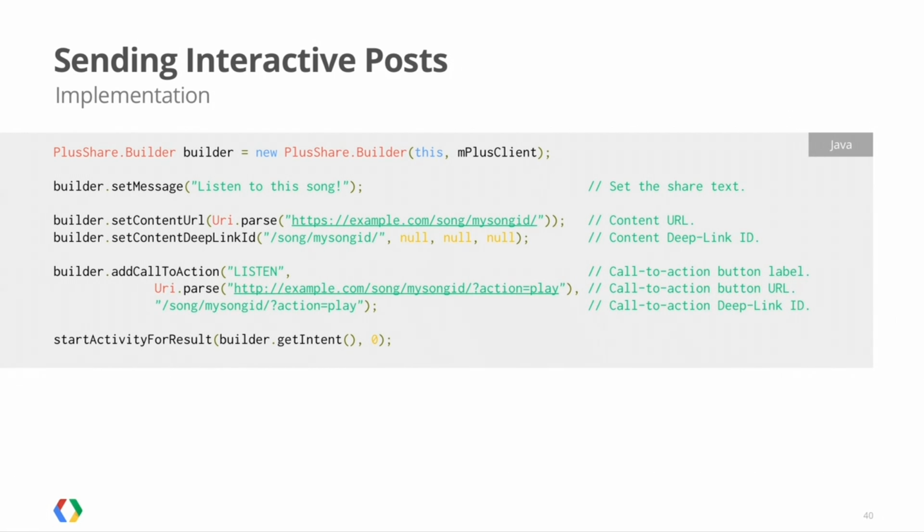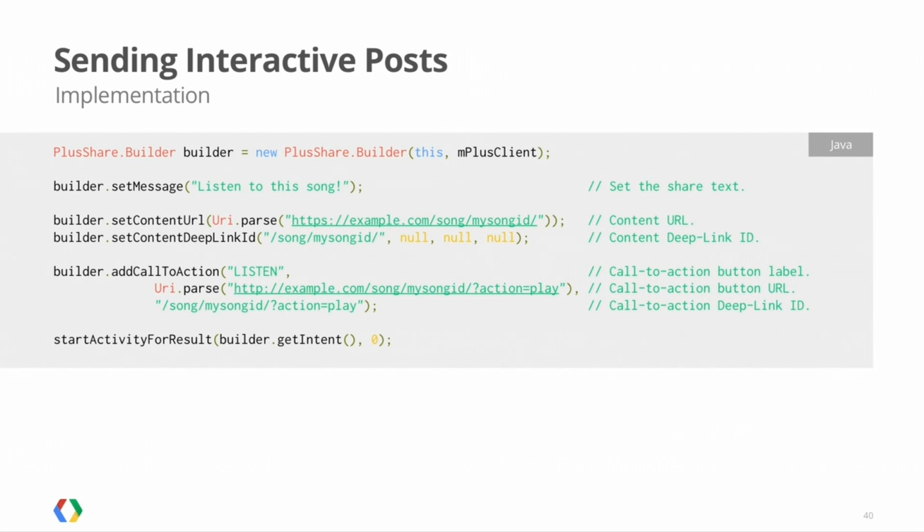And just like a web URL can link deeply to a page on a website, a deep link ID can link directly into an activity and action inside your Android app. Second, we added support to specify a call to action button. Now, this is that button that drives engagement on your posts that takes the user to some action inside your app.